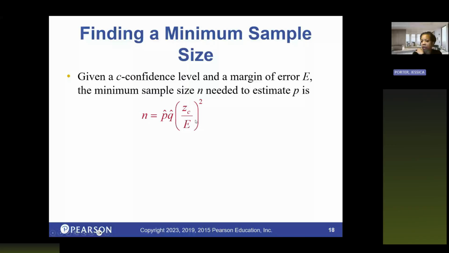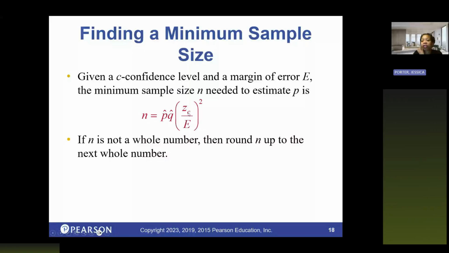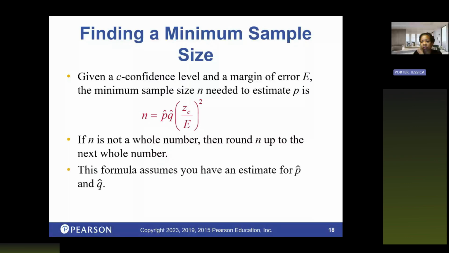If n is not a whole number, then round n up to the next whole number. The formula assumes you have an estimate for p and q. If you don't have an estimate for p and q, use 0.5 and 0.5 respectively.